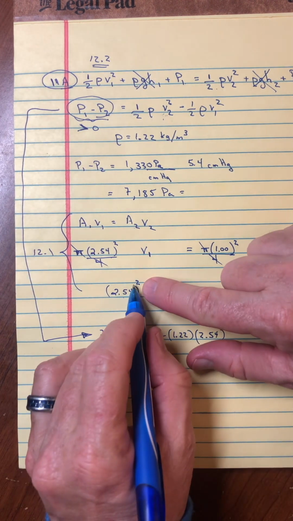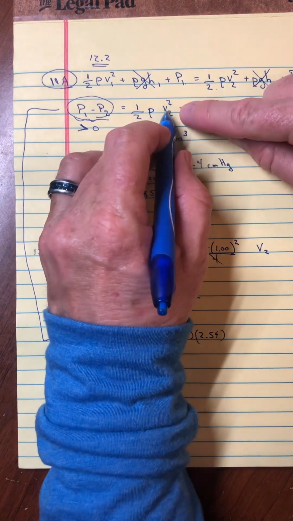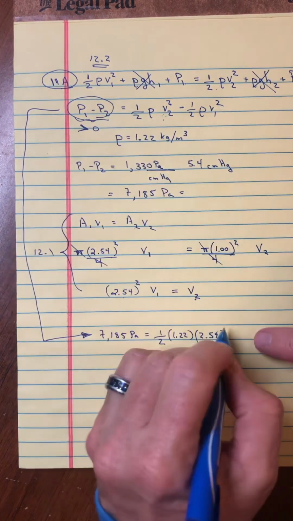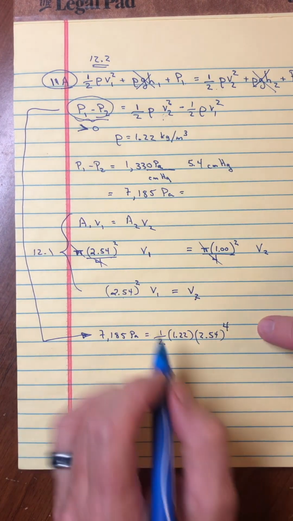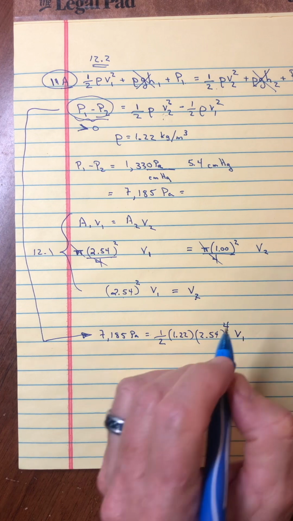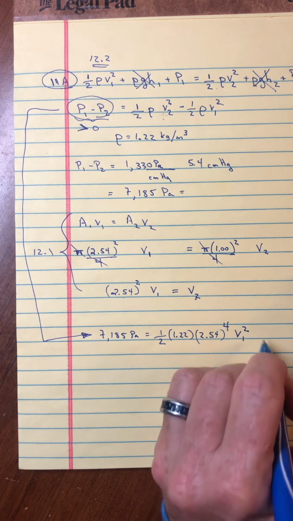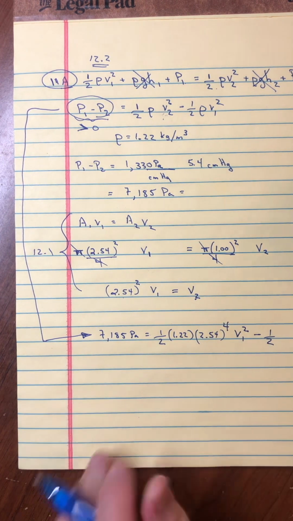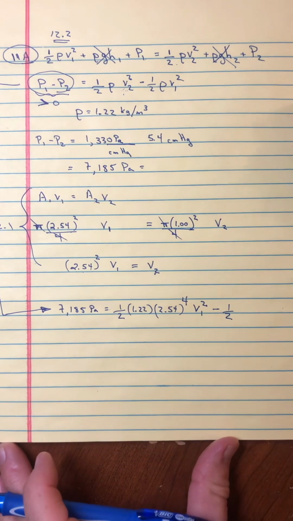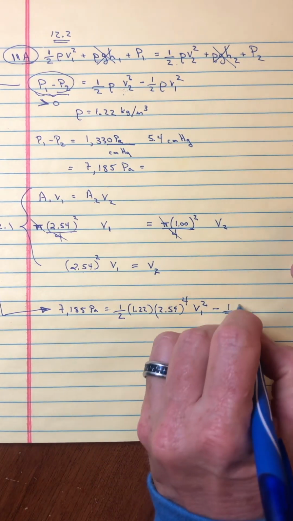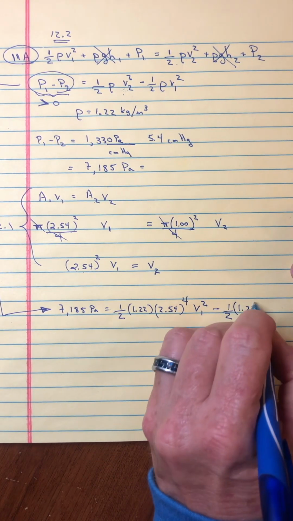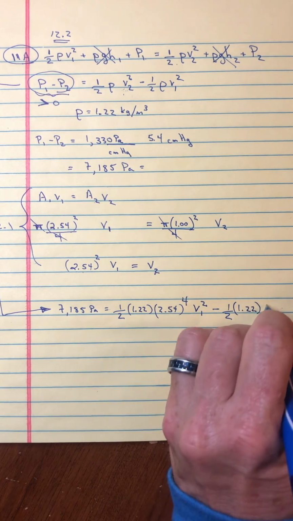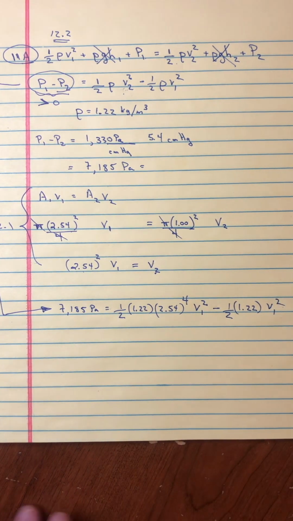And it's already squared, so if I square it again, because I got to put velocity squared, that's to a 4th power, and then V1 squared, minus 1/2 times this rho, 1.22-ish, times V1 squared. All right.